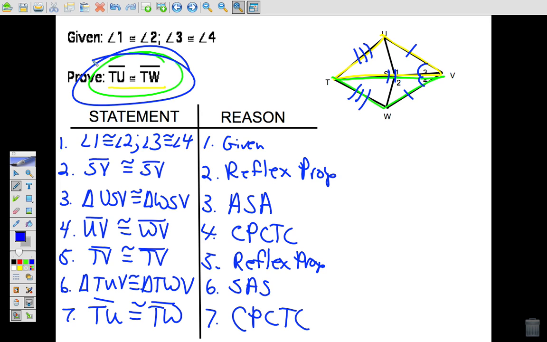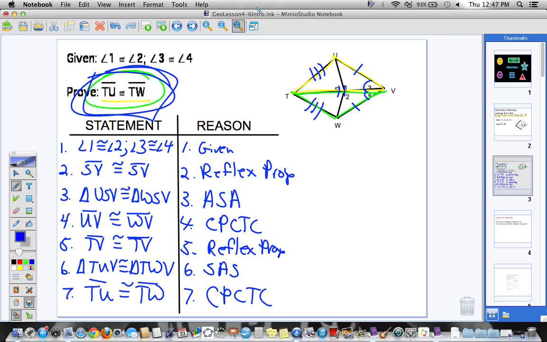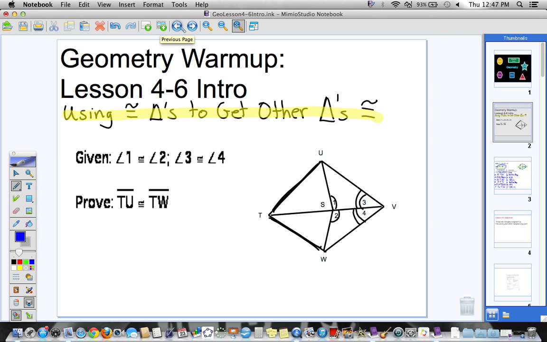So what we've done here is we've used the method we're used to to get two triangles congruent, and then used corresponding parts, and then you get another two triangles congruent to get to the part that we wanted to prove. And that's kind of the concept here of lesson 4.6, using congruent triangles to get other triangles congruent.